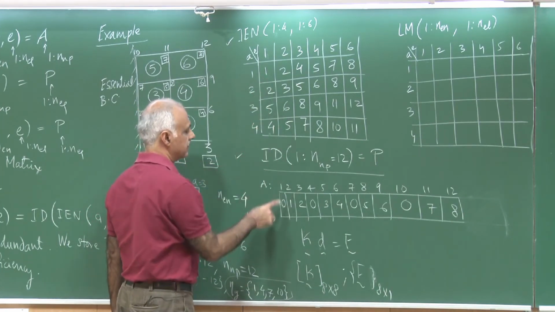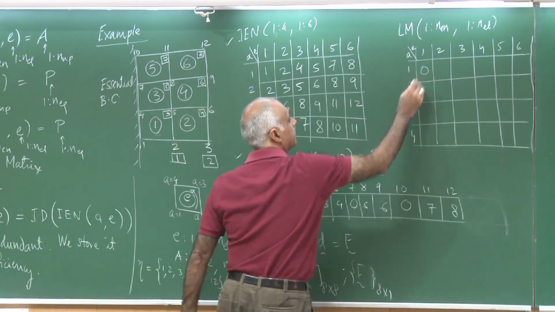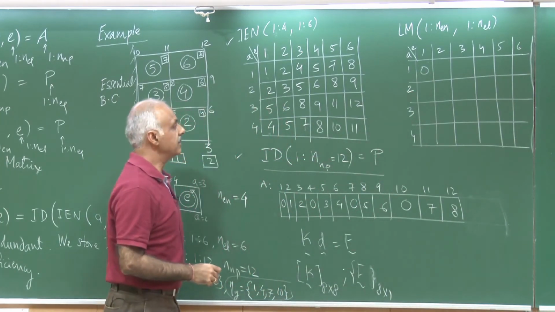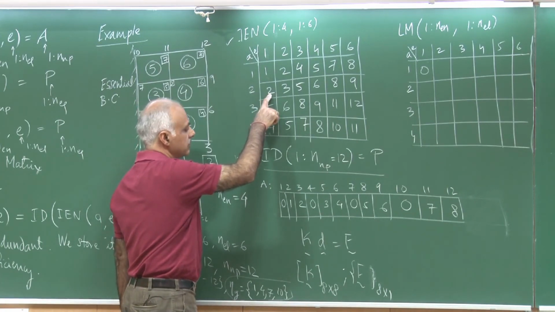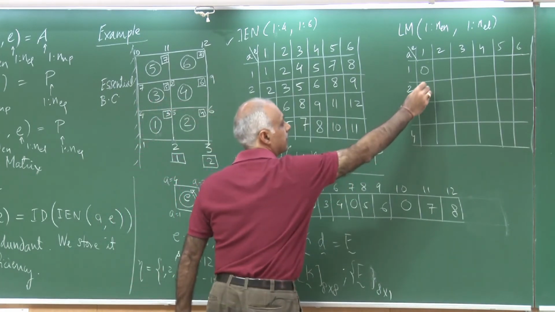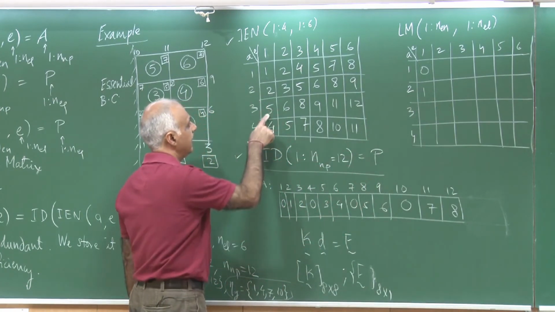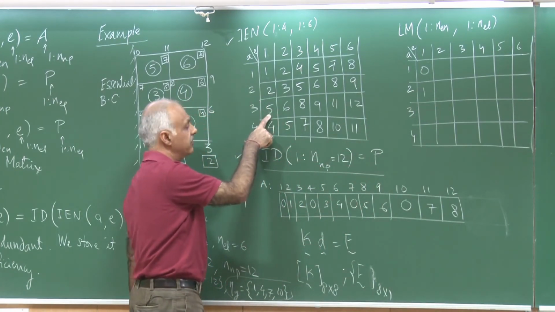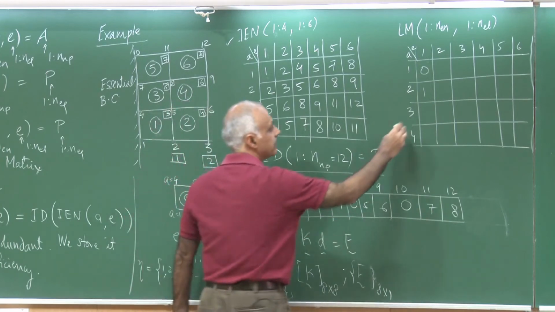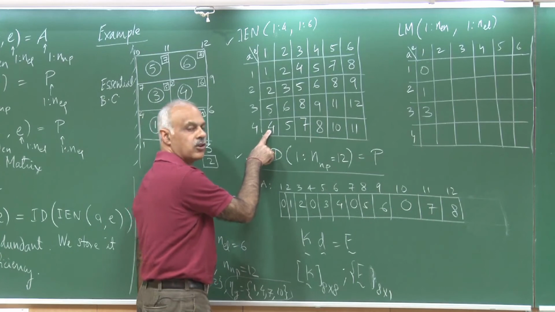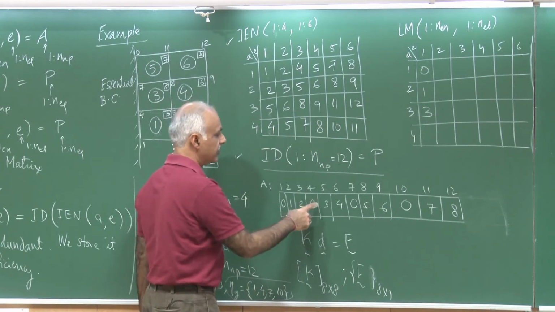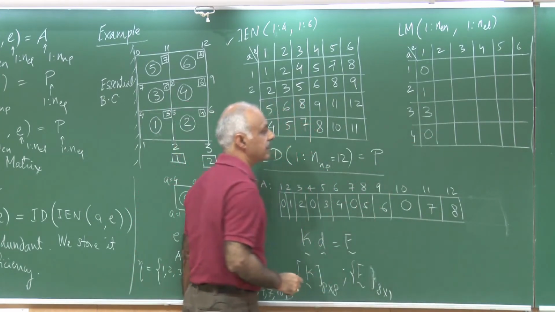For 1, that is 0, so there is no equation number at this entry. Then global node 2 has equation number 1. Then global node number 5 has equation number 3. Then global node number 4 again does not have an equation number.